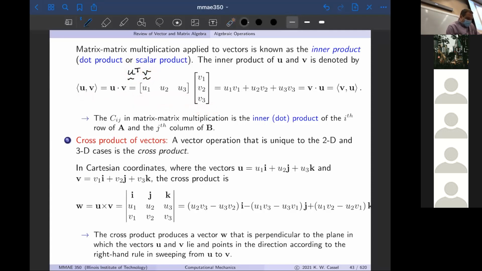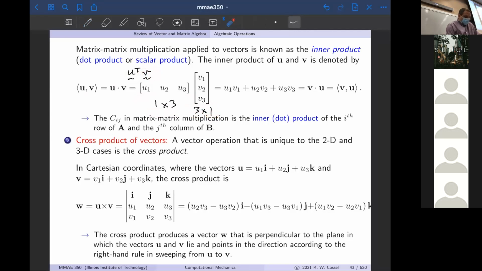So if you look at the sizes, then this is 1 by 3, 1 row, 3 columns. This is 3 by 1, 3 rows, 1 column. The inner dimensions are the same, those are 3. So I can do the matrix multiplication. And the outer dimensions are 1. So I end up with a 1 by 1 matrix, which of course is a scalar.